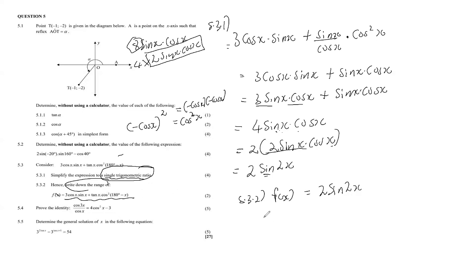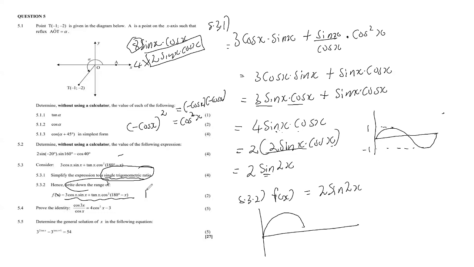Now, to know the range, we have to consult our trig function. We know that drawing the original mother graph for sine, it goes like this. Let me try to draw it here. The mother graph for sine always goes like this, where your maximum value is 1 and your minimum value is -1.